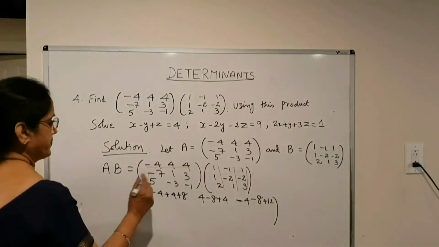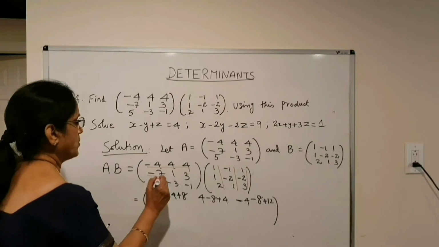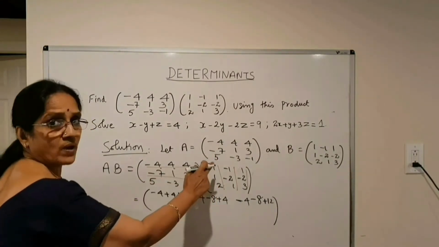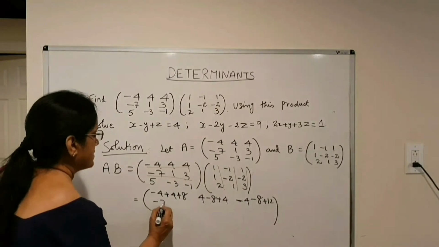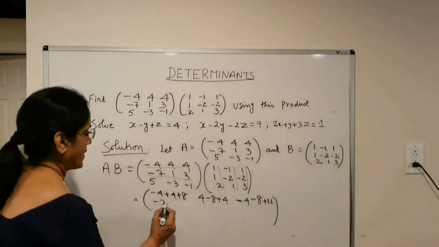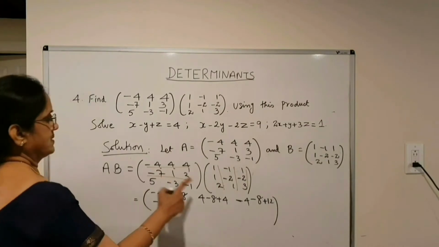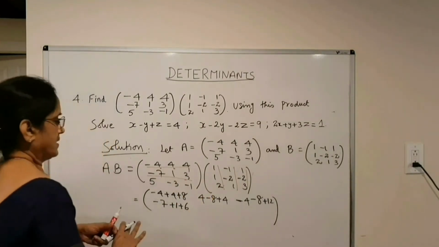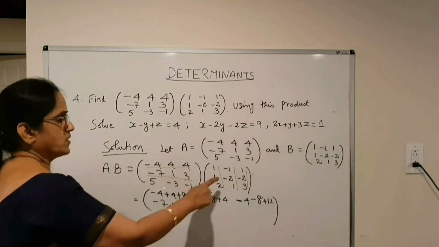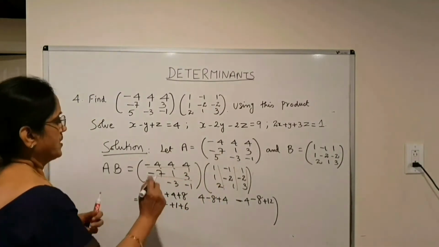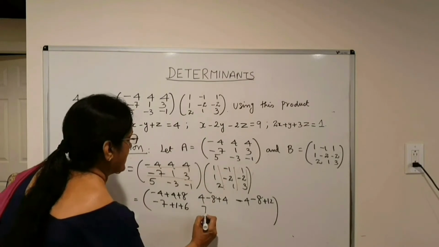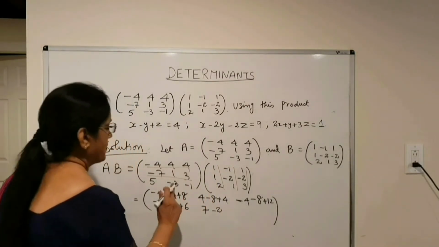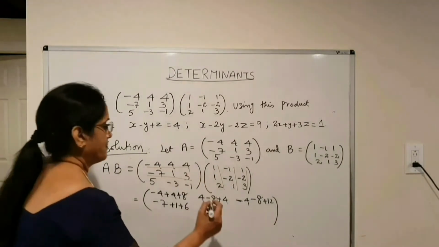Then considering second row and first column, I will have -7 into 1, -7, 1 into 1, plus 1, then 3 twos are 6, plus 6. Now, second row and second column, -7 into -1, 7, 1 into -2, -2, -3 into 1, -3.